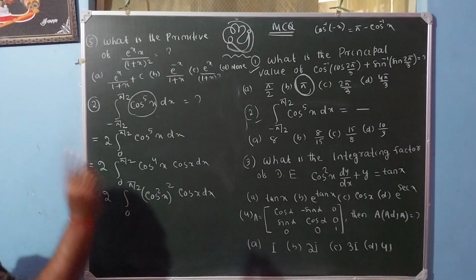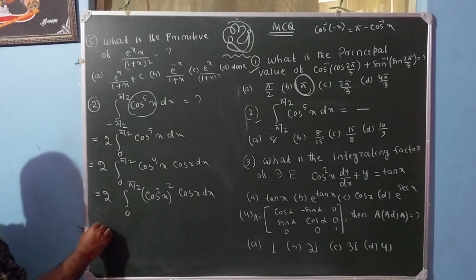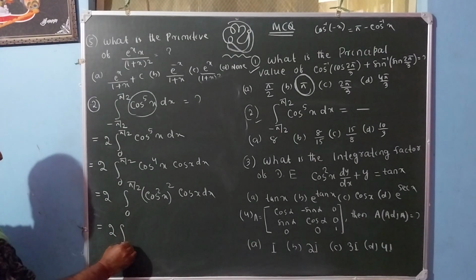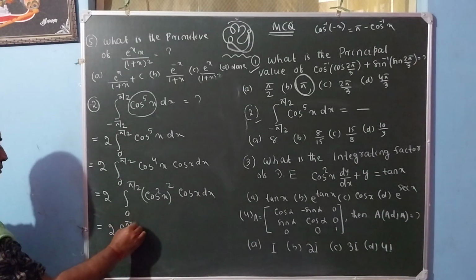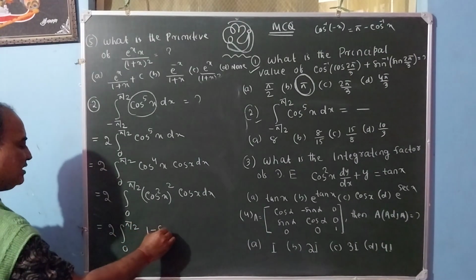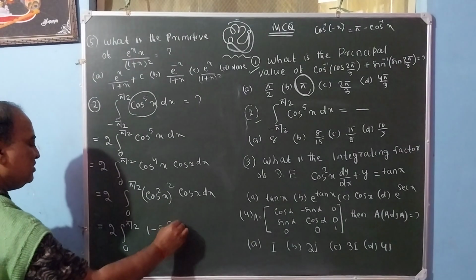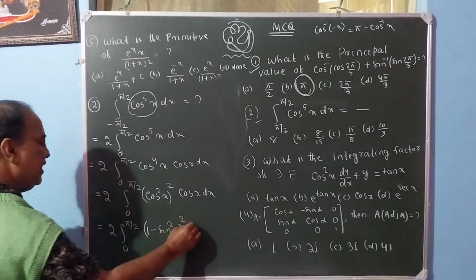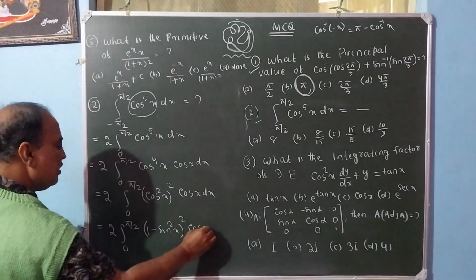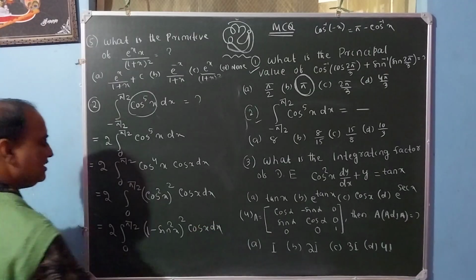Cos square x is equal to 1 minus sin square x, so it becomes the integral from 0 to pi by 2 of (1 minus sin square x) whole square into cos x dx.